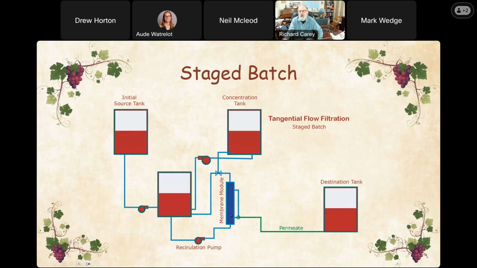It can go round and round, and what you end up having in this situation is that you run an initial source tank at a distance so that it will go through the system one time into a concentration tank, and then you can get rid of the initial source tank and have it all in a more localized place so that it goes into your destination tank here. Again, these are for somewhat larger size wineries.